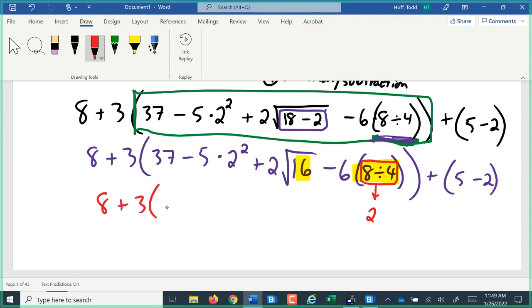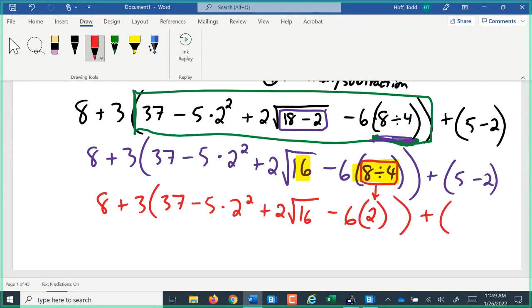I replace the 8 divided by 4 with 2, and I rewrite the rest of the problem exactly as it was before. Notice, again, the parentheses are still there, but it's been reduced to a single number inside that enclosing symbol. So again, we don't need it as an enclosing symbol.